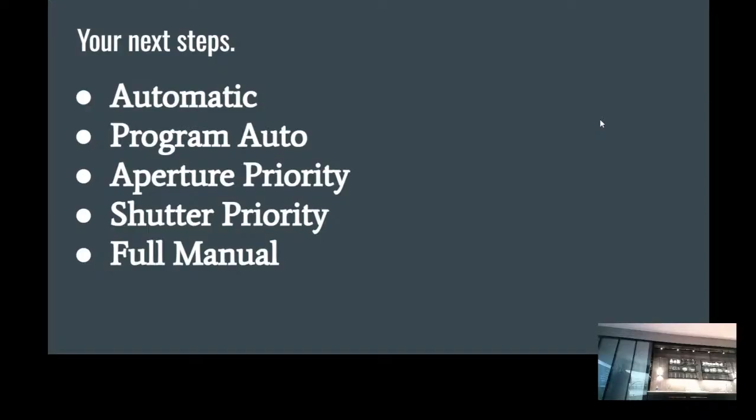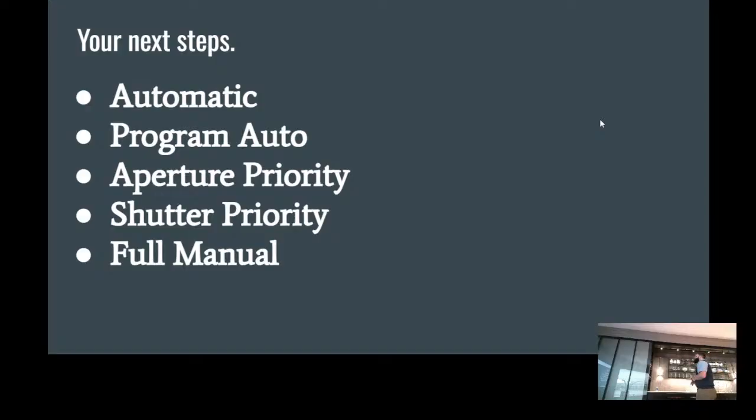Now you can control things like ISO, exposure compensation, what your focus parameter is, what your white balance is, your burst mode, your target recognition, stuff that might not make sense to you now, but as you practice and learn will. But automatic and program auto are the same thing. There's just more that you can actually manipulate in program auto that gets you more towards manual control.